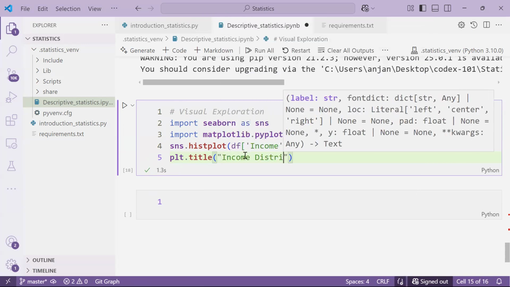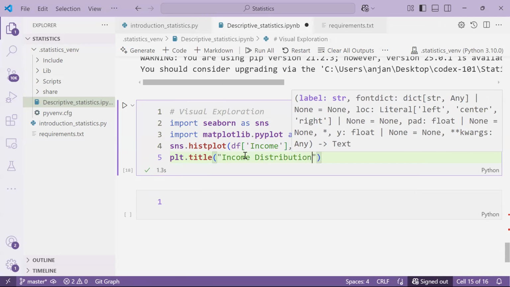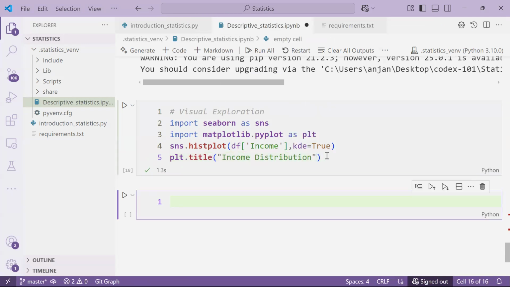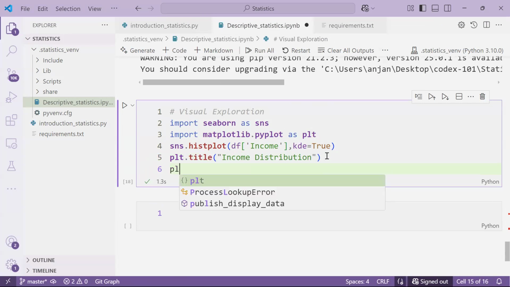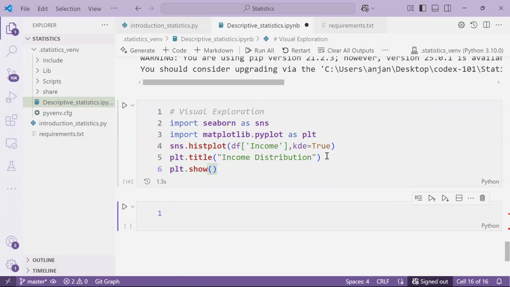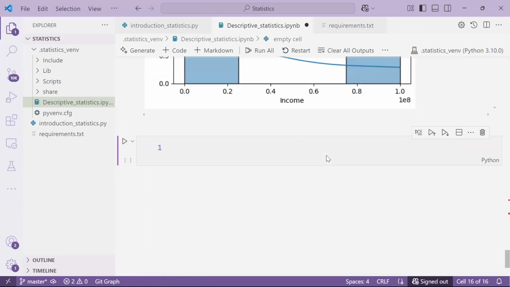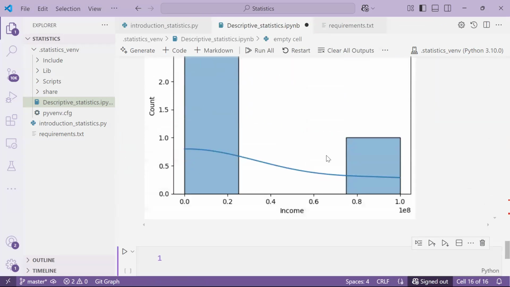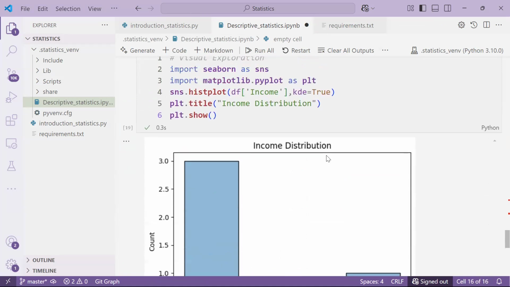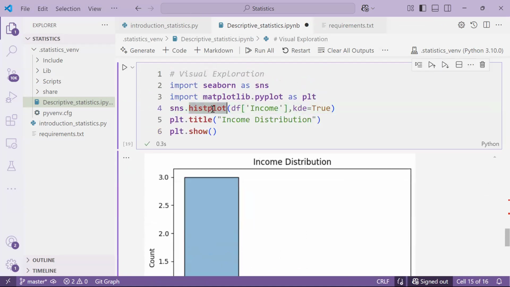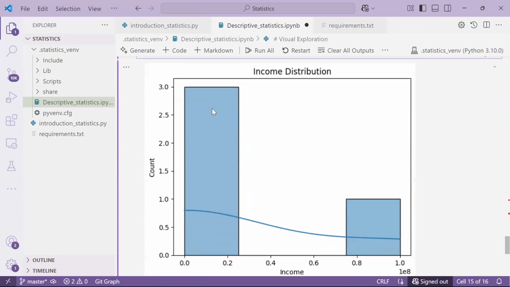If you want to display the x-axis and y-axis, you can do it. With the help of the show method, we can see the graph. Okay, so this is your distribution graph.